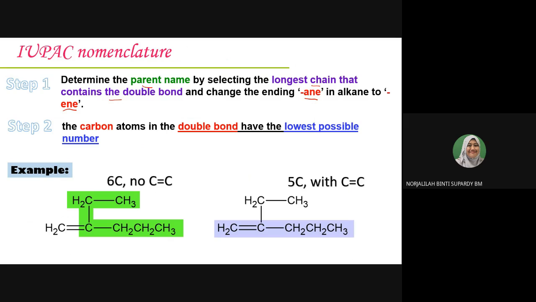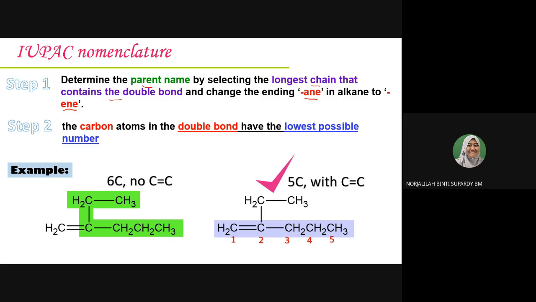Then we start numbering the carbon atoms from the side that gives the lowest possible number, to give the correct name. So 1, 2, 3, 4, and 5, only 5 carbon atoms here.